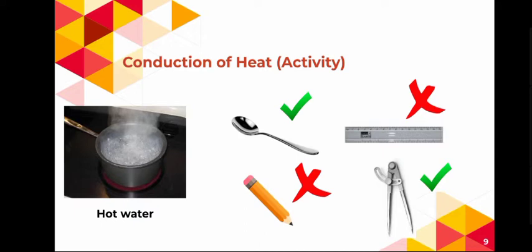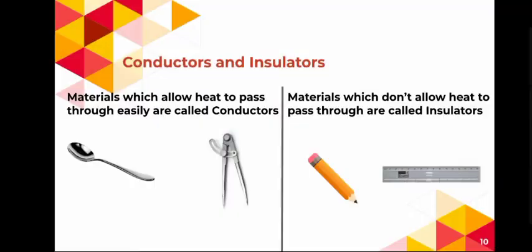So what can we conclude from this? We can conclude that it depends on the material with which the article is made. The steel spoon is of metal. The divider is of metal.